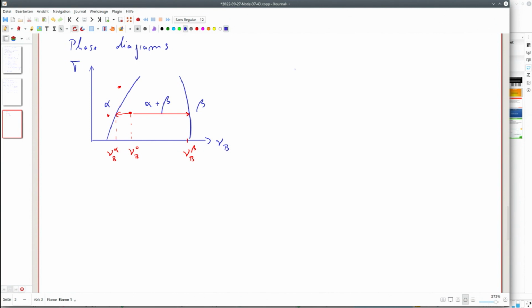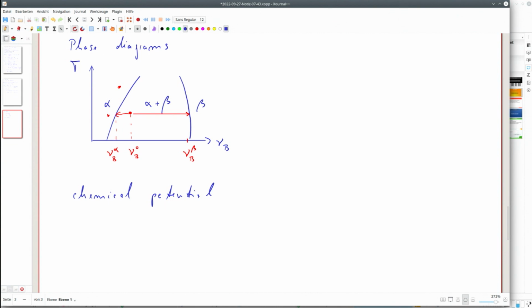What do we know about the chemical potential? In particular, in a two-phase region. Do you know? Perhaps you remember, equilibrium is given if the chemical potentials are equal.